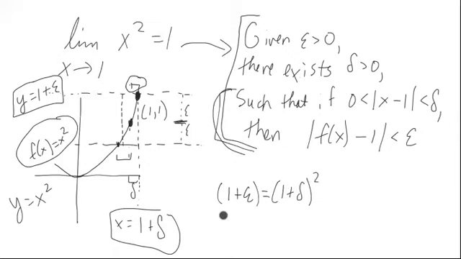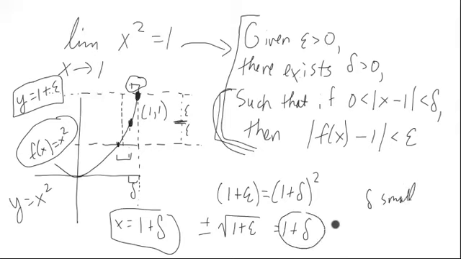So we square root both sides. Now, wait a minute. When you square root, there's a plus or minus going on. So let's think about that for a minute. Delta, we're going to imagine, is very small, which means this side is going to be close to 1, which means it's going to be positive.